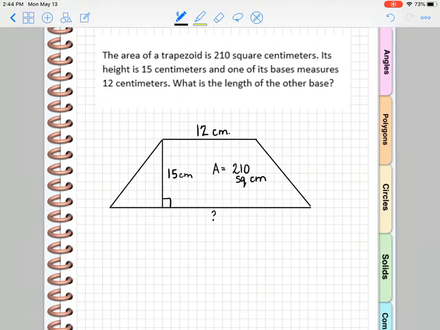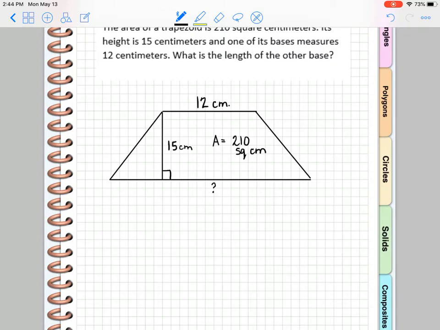So I need the formula for the area of a trapezoid, and it is 1/2 times the sum of the bases times the height. It's not a very pretty formula. Okay, this is where your algebra comes in. We need to substitute what we know.